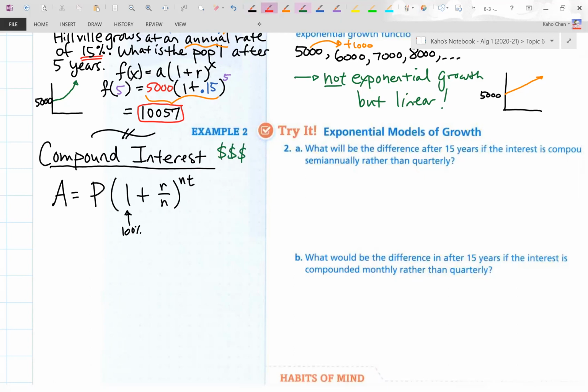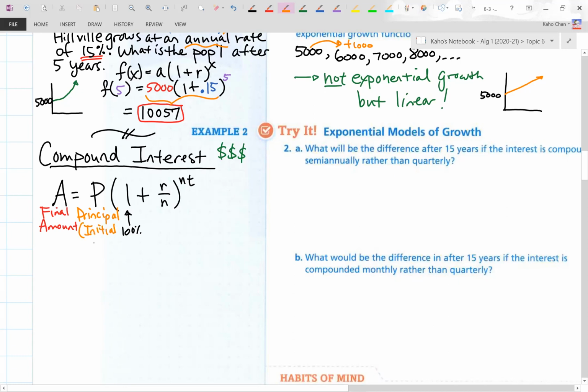A is the final amount. P is the initial amount, also known as the principal. Principal, in this case, is the initial amount. Okay. R is the annual interest rate. T is time.